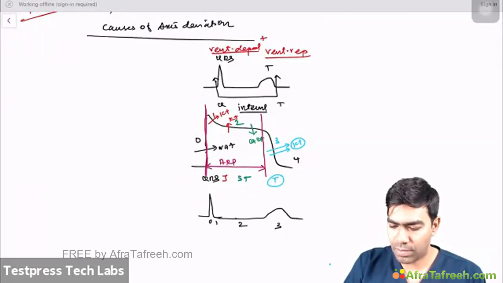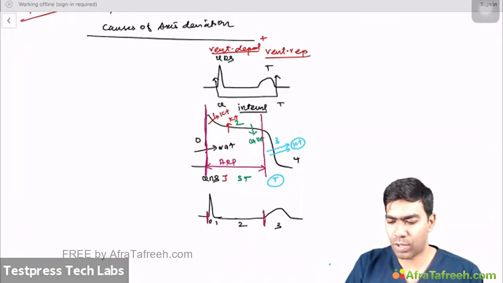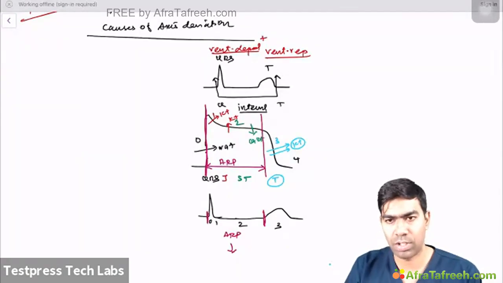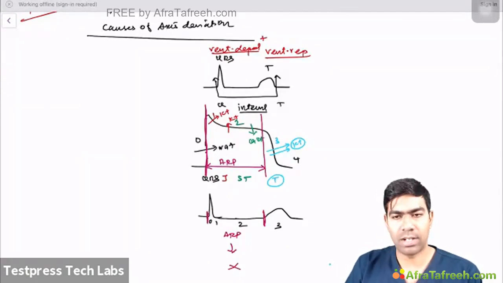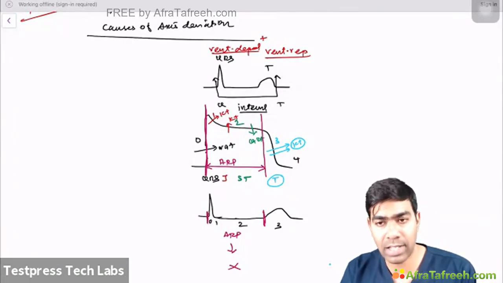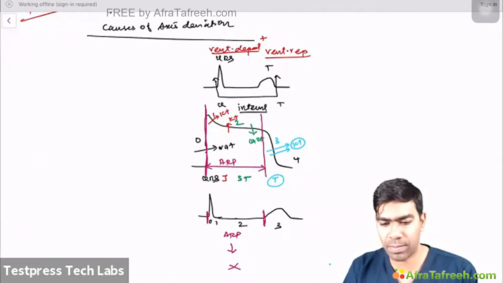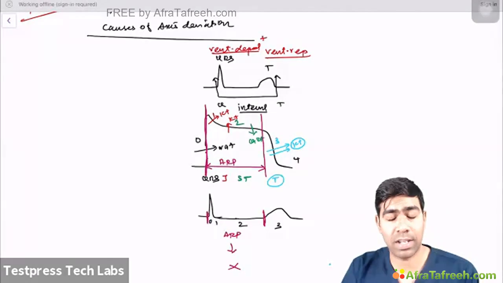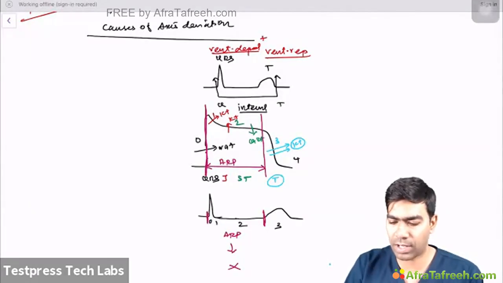It starts from here and ends here. Why do you call it an absolute refractory period in the ECG as well as the action potential? Because no matter how powerful a stimulus you give, the myocyte or any cell in this absolute refractory period cannot be excited. That's why it's called an absolute refractory period. Then you have to know the concept of the effective refractory period. So what do you mean by effective refractory period?